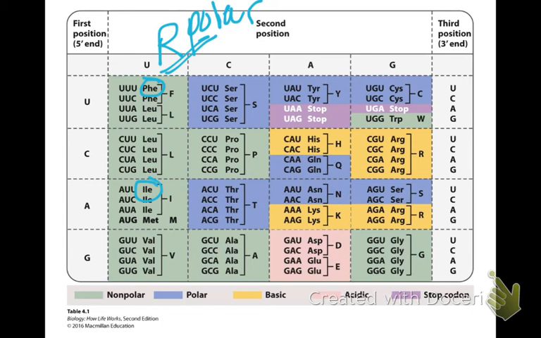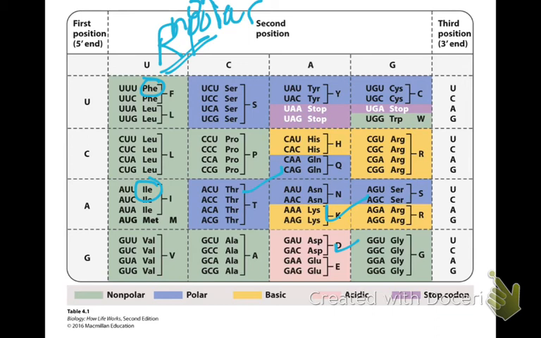Isoleucine is nonpolar, so they're both nonpolar, so it might not be a problem, but it also might be a problem if I get a polar substance or a basic substance or an acidic substance, and when I say substance, I mean R group.